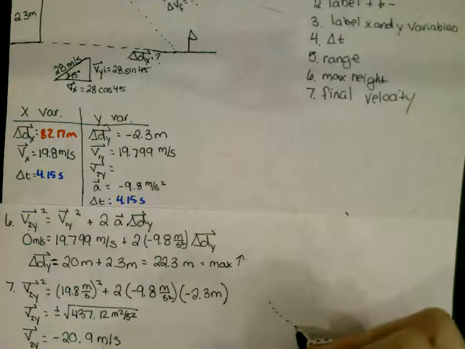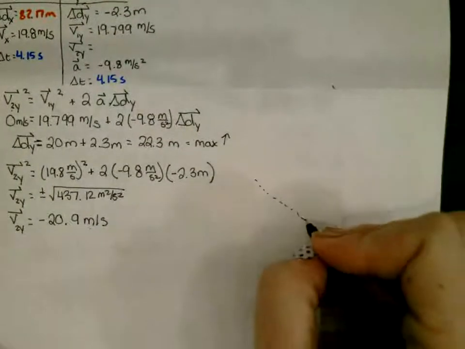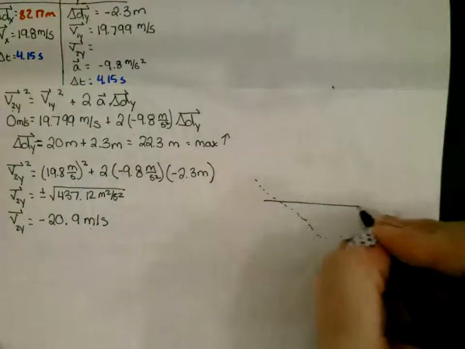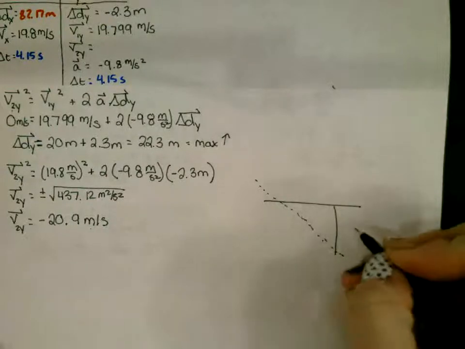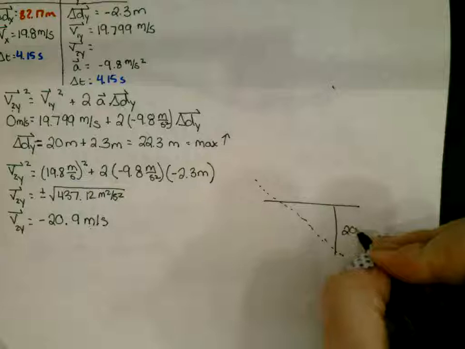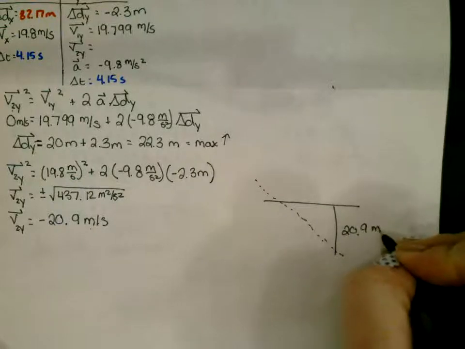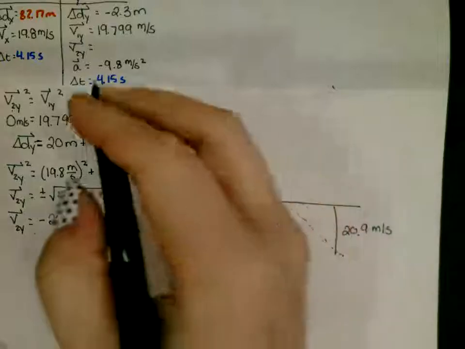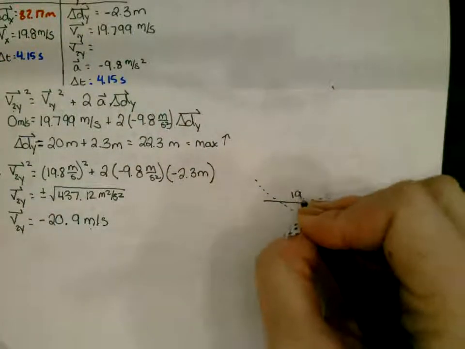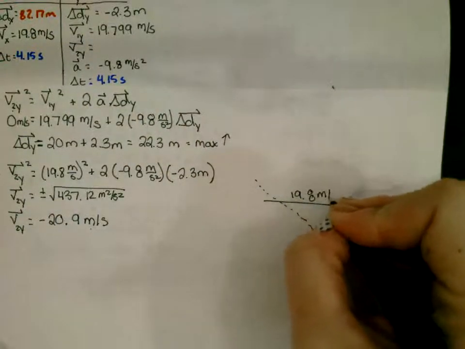So I can draw my triangle. My golf ball lands. This y is 20.9 meters per second. My x never changes, so it's 19.8 meters per second.